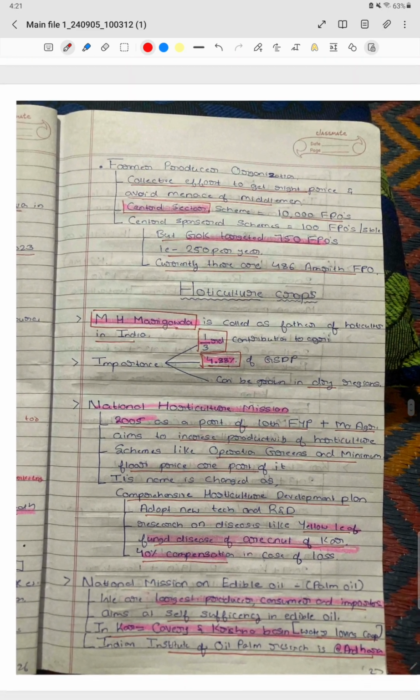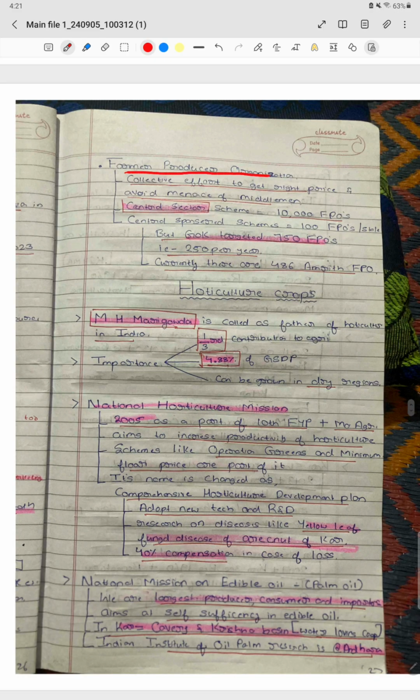Then the government is also pushing for farmer producer organizations. This is basically a collective effort to get the right price and to avoid the middleman menace. It means the government is encouraging farmers to club themselves, to form a united group so that they can effectively bargain for their prices, because farmers are generally not that united, so they sell their products to different people at different prices.